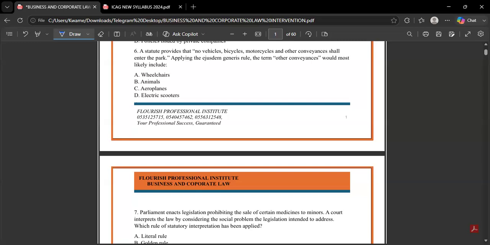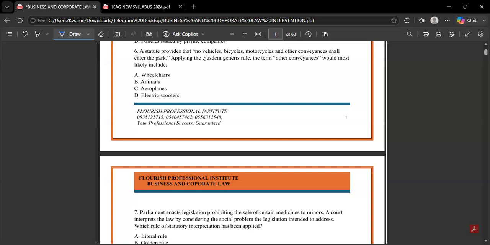But what I can remember is that when the law provides things like vehicles, motorbikes, and motorcycles, and at the end they say something like other conveyances, what I used to identify the other items would be the features these things possess.